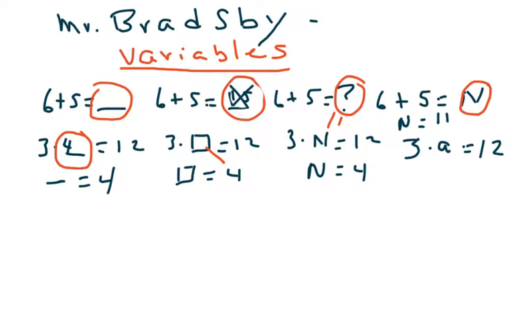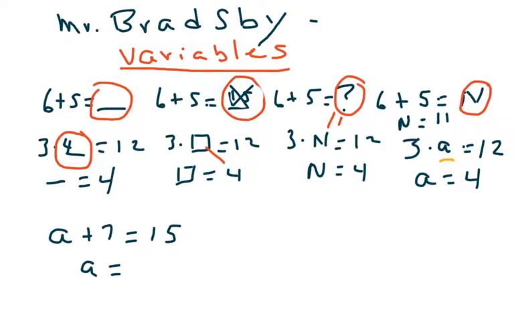These are all variables. And the same thing here. I just used the letter A to give it variety. You could use 3 times B, 3 times X, 3 times whatever. But 3 times A is 12. What would A have to be? It'd have to be 4. So those are uses of variables.